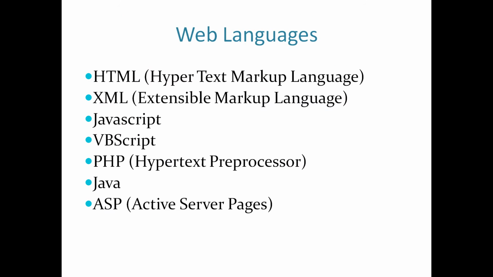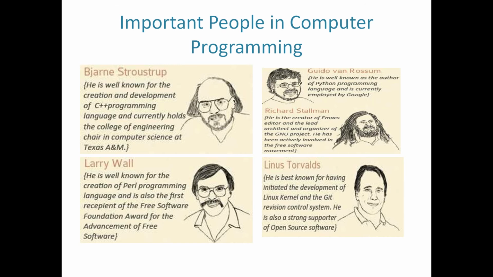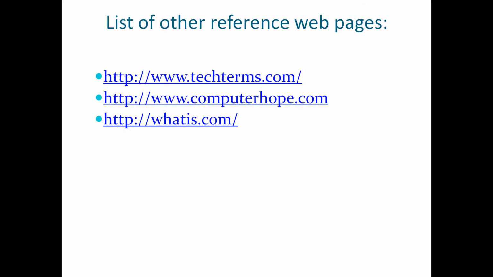And if you want to go towards database programming languages, SQL, structured query language, and others come in that category. Important people in programming, such as who created the C programming language first, is not so relevant.